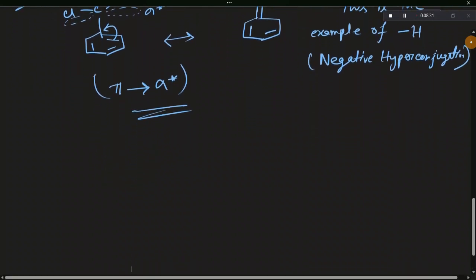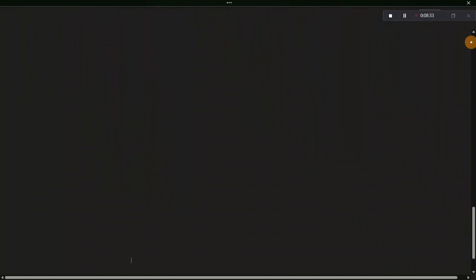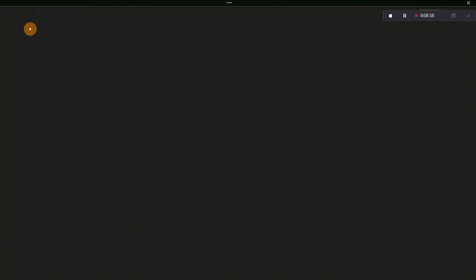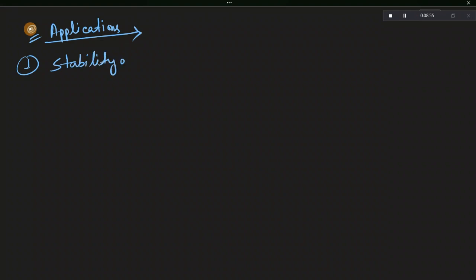Now what are the applications of hyperconjugation? Firstly, stability of carbocation. We can compare the stability of carbocations through hyperconjugation.